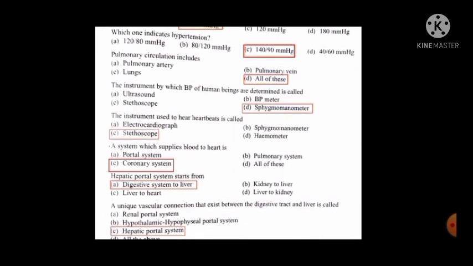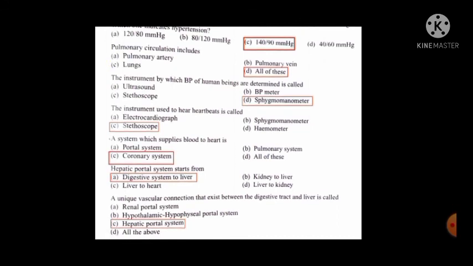All these are included in pulmonary circulation. The instrument by which BP of human beings is determined is called a sphygmomanometer. The instrument used to hear the heartbeat is called a stethoscope.